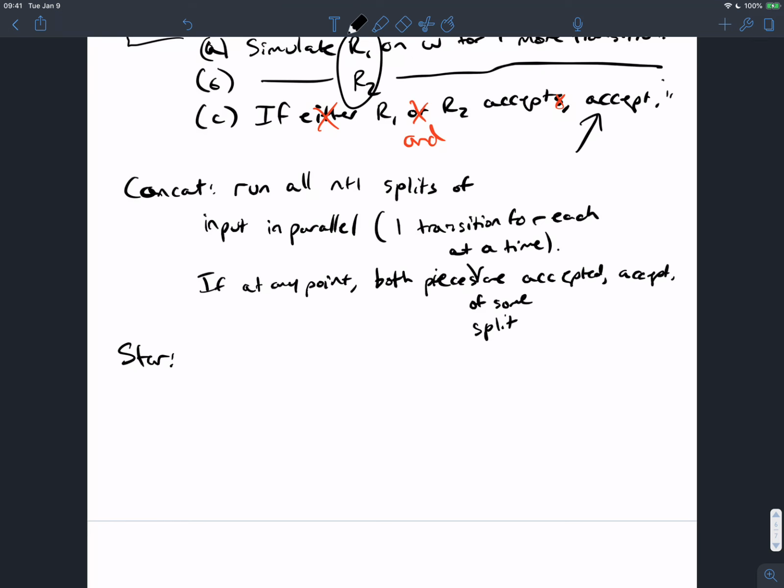Yeah, same as concat, but all possible decompositions. So it's just like decidable for all possible decompositions, but now we're going to run them in parallel in the same sense. Run one transition at a time until we either run forever or one of them says yes.